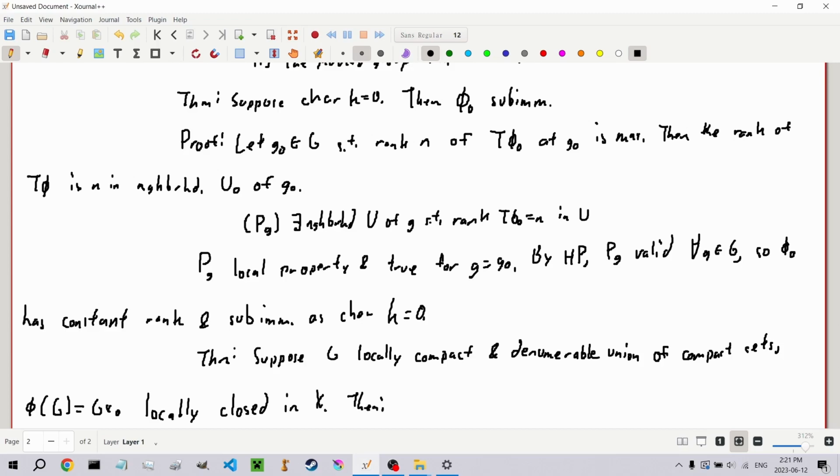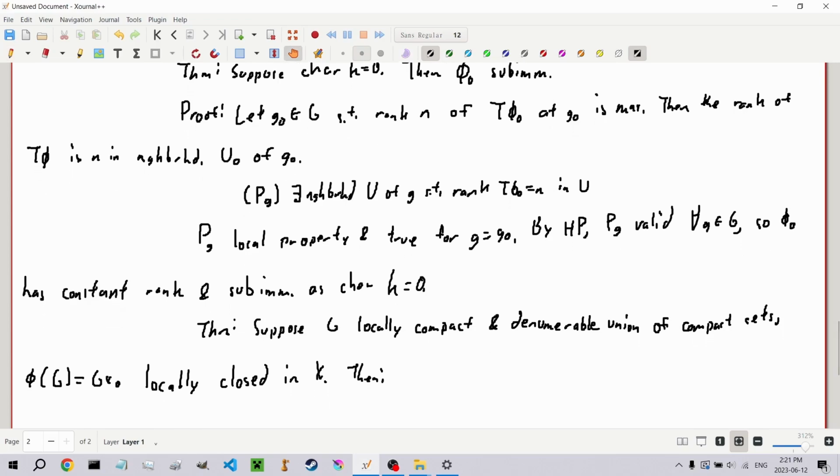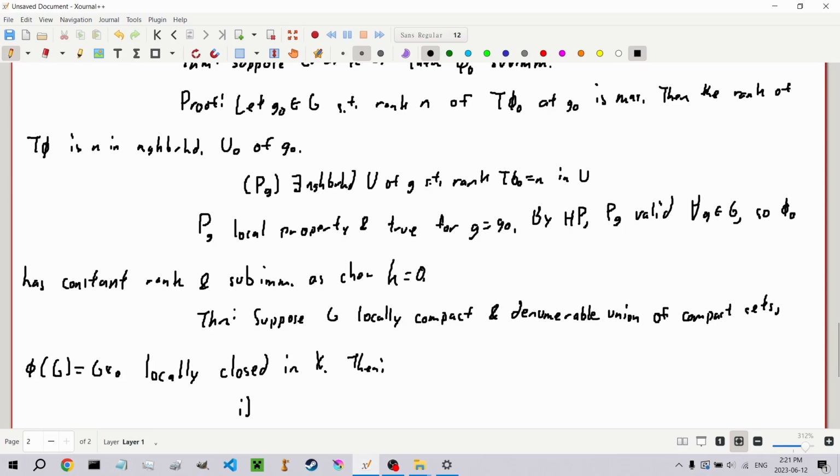Then, first off, we see that the induced map phi naught bar from G over H to G times x naught is a homeomorphism.